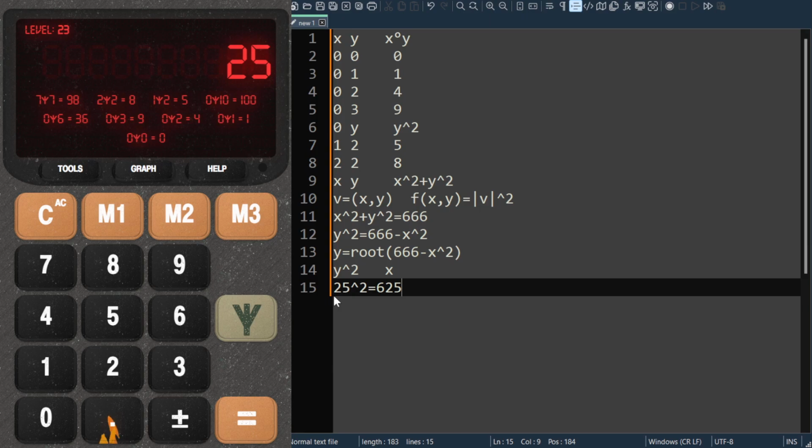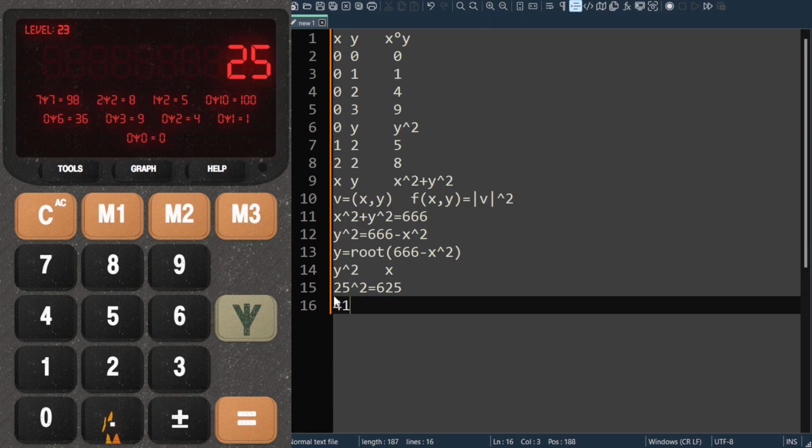I do still need 141. So this I could write as 25 plus 16, I guess. That's all the numbers that I need. This is 5 squared plus 4 squared.